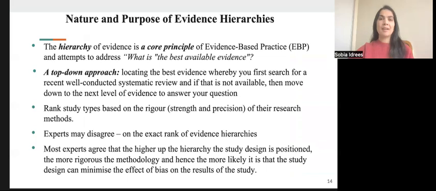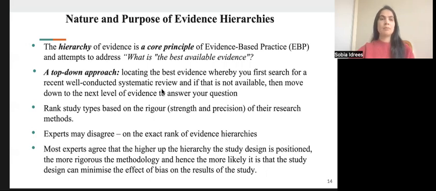The evidence hierarchy allows us to take a top-down approach to locate the best evidence, whereby we first search for a recent, well-conducted systematic review. And if that is not available, then we move down to the next level of evidence to answer our question.